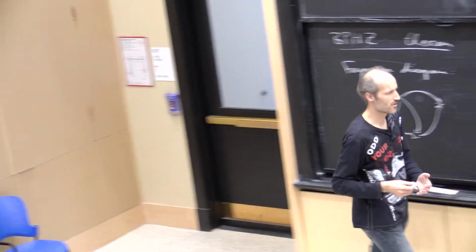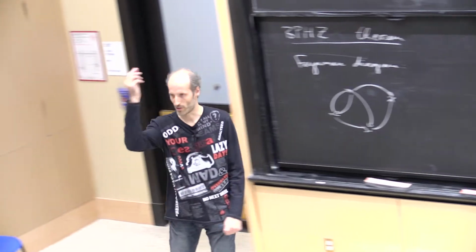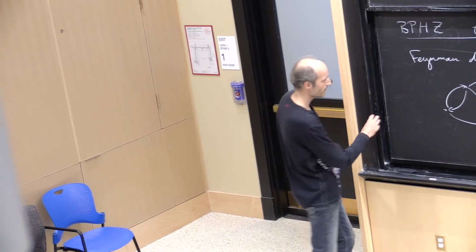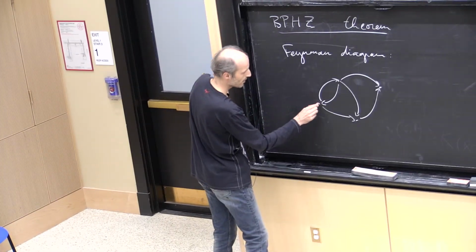Together with, so some vertices are going to be distinguished, and I call these legs, and I'm going to always draw them in red. So let's say here.